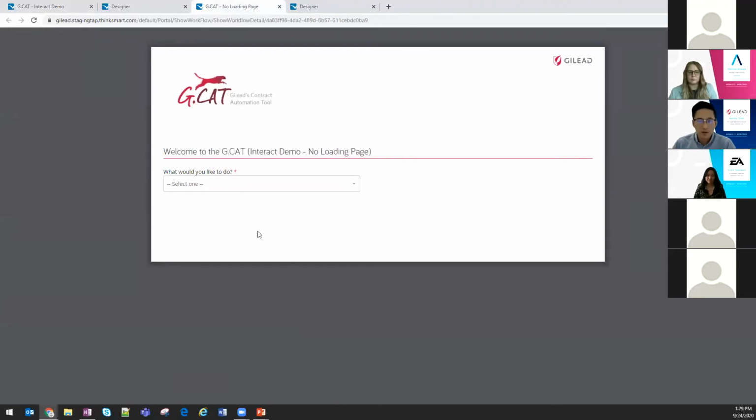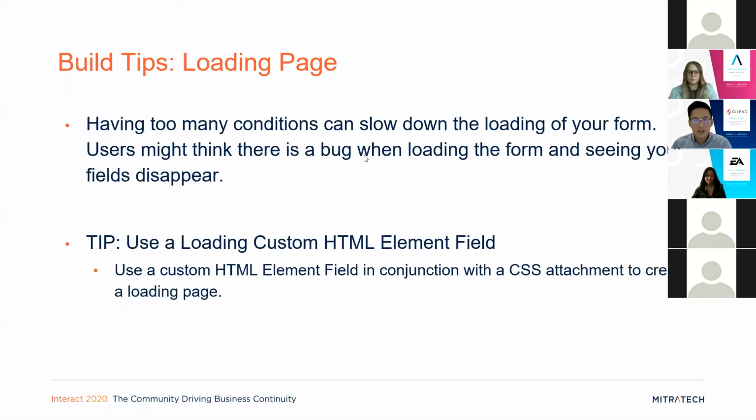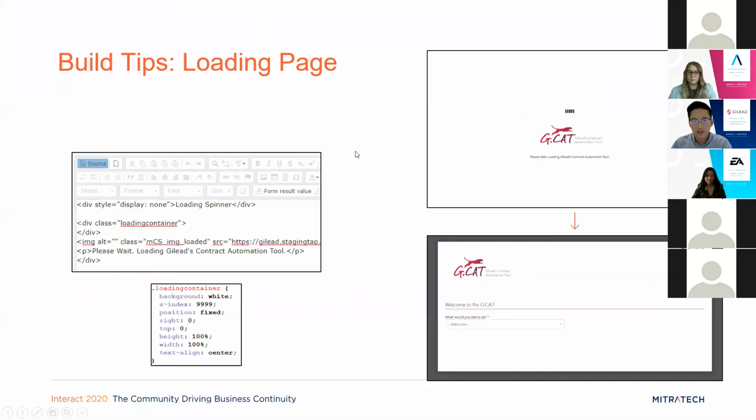As a user, you might be wondering, oh, maybe that's a bug. Maybe I shouldn't be seeing that or something like that. So you'll report that. So it's a good idea to have a loading page if it does take a while. And it's pretty straightforward. It's just an HTML field and then some simple CSS on there. And then you can have your loading page pop up and then have a condition to make it disappear afterwards.